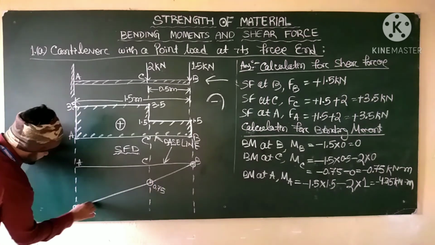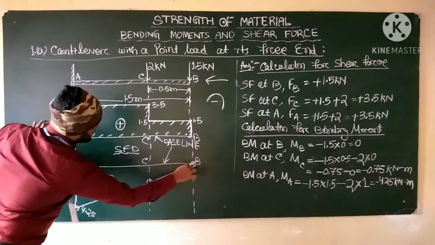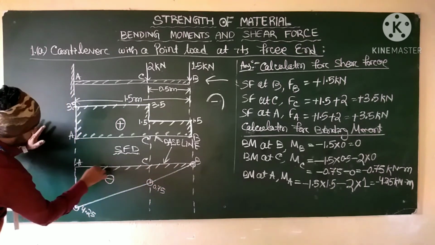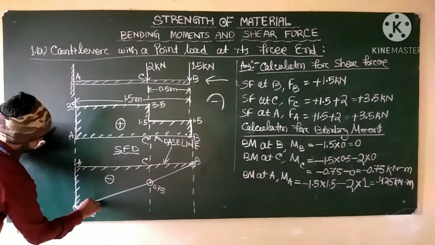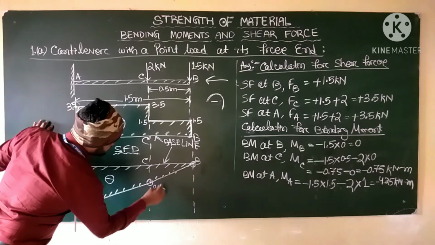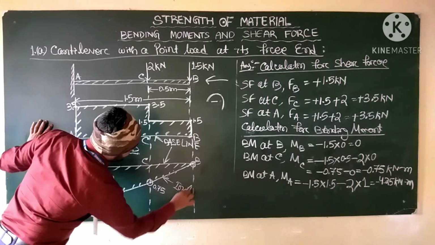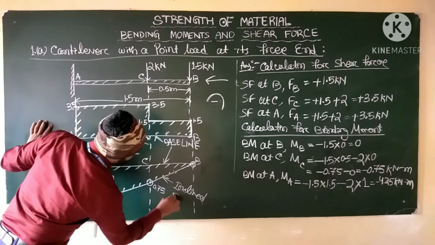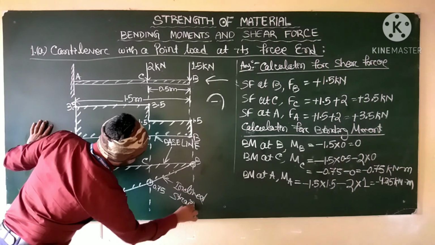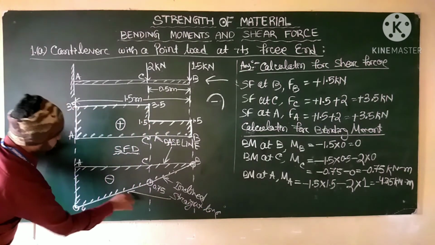So another inclined line will be made here. Join this minus, then hatching will be done. This is an inclined straight line. This is also an inclined straight line.